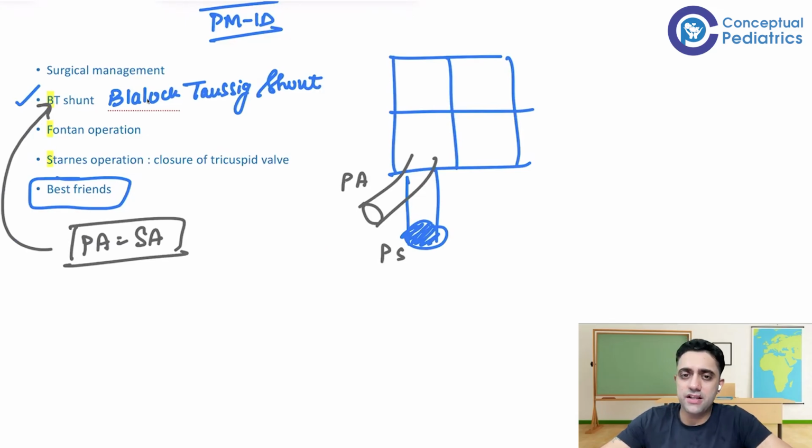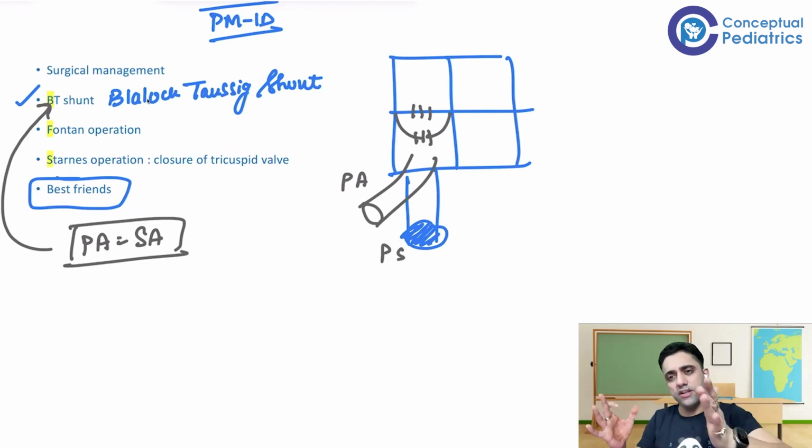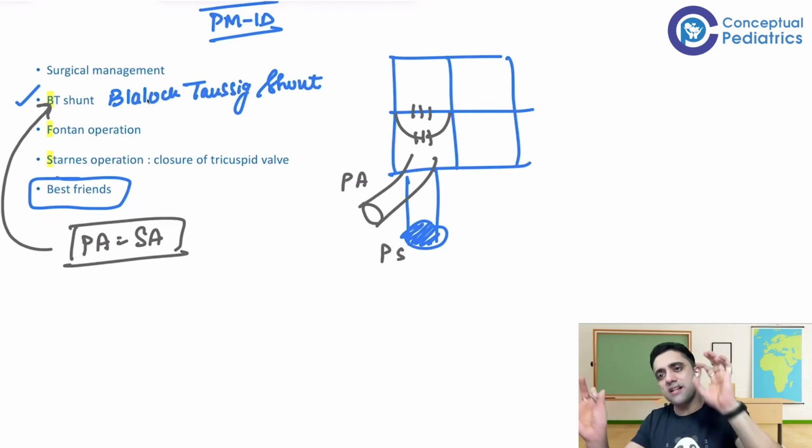And here also the theory in Epstein anomaly is almost the same. In Epstein anomaly also, the right ventricle does not have that much pressure to push the blood into the pulmonary artery. In Delhi, if on one road there is very little traffic, slowly that road starts getting damaged.